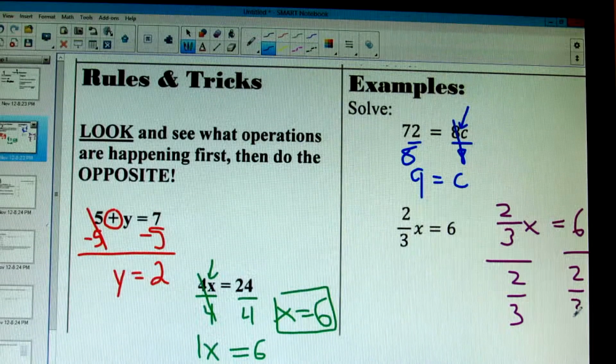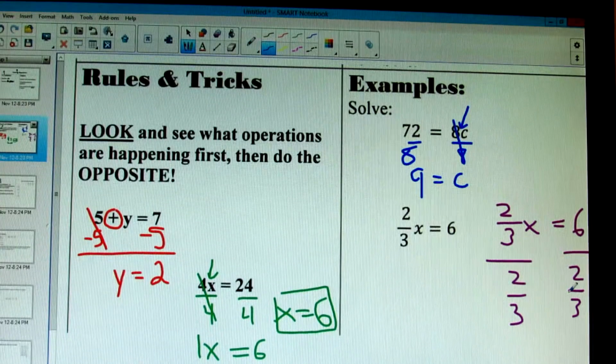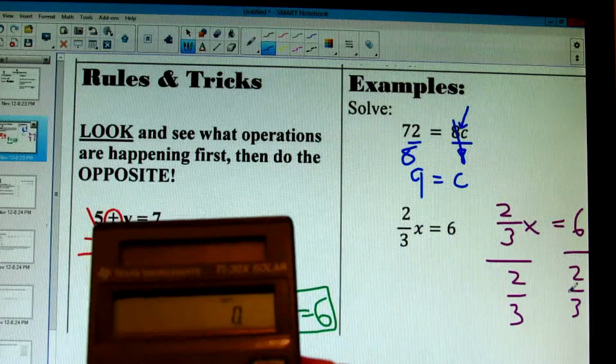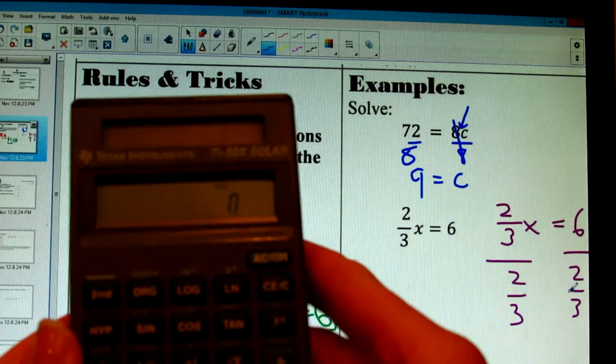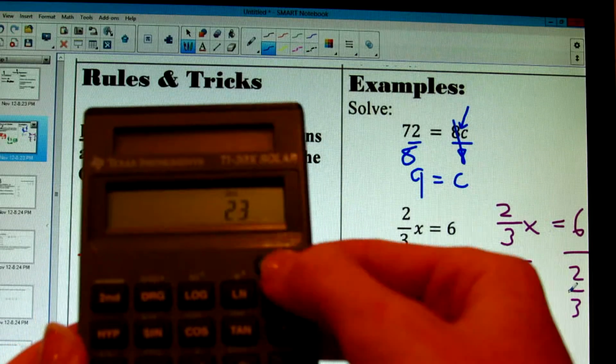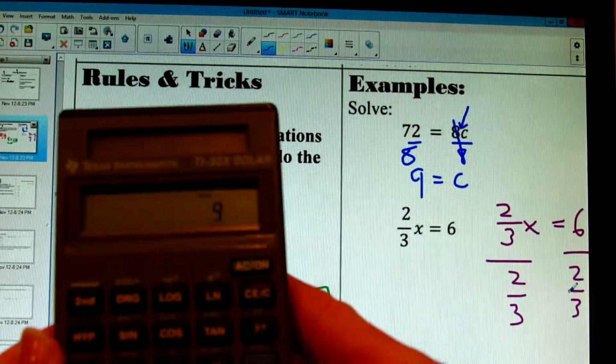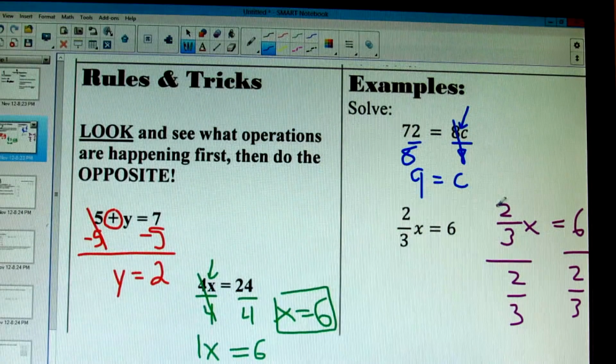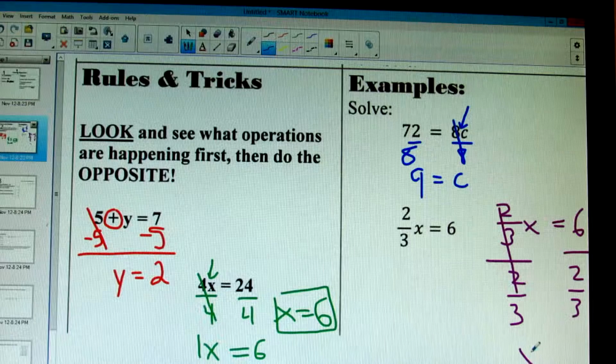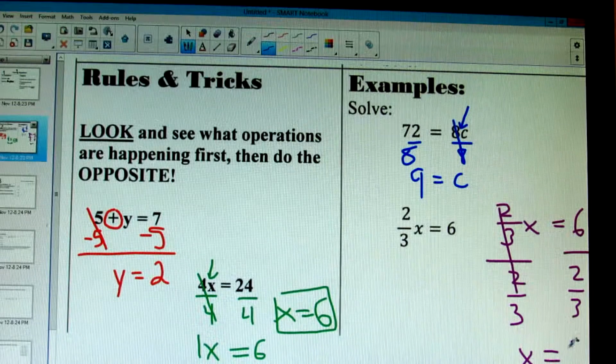Divide by 2/3, yuck. A calculator would make this pretty easy. I can do 6 divided by 2/3 in my calculator. And I can get 9. It's pretty easy on the calculator. So if those divide out to 1, I would get x is 9.